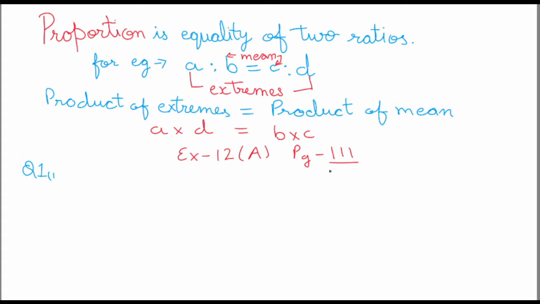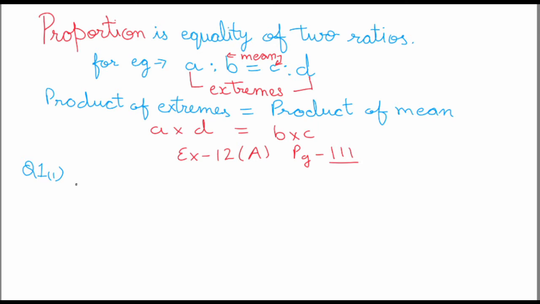Okay? For that, what we have to use? We have to check it in the form of the product of extremes as well as the product of means. So the first question is 8 is to 16 and 12 is to 15.